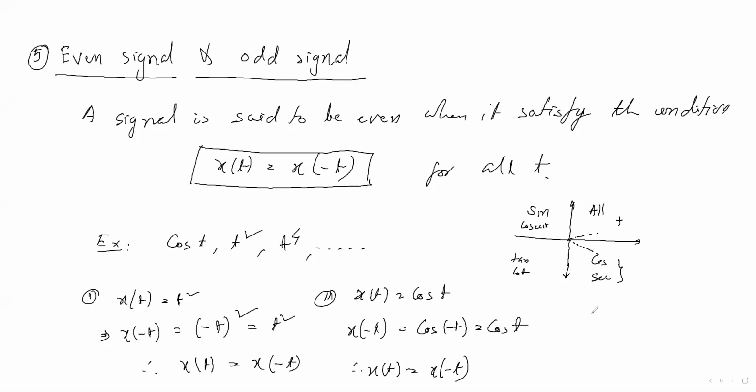Okay, let me make it clear with another example. Why is cos minus t, or what is an even signal? Now you can visualize it. If you plot cos t, this is the signal of cos t.